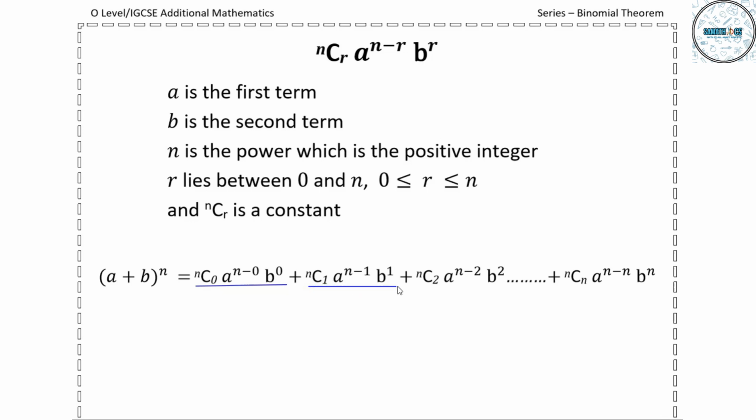For the third term, the value of r is 2. So, it will be nC2, a power n minus 2 and b power 2. The last term of this expansion is nCn, a power n minus n and b power n.